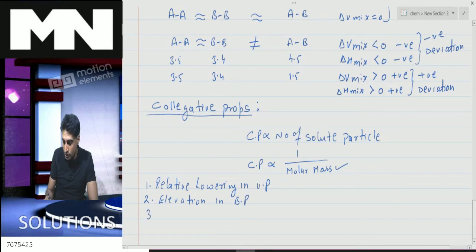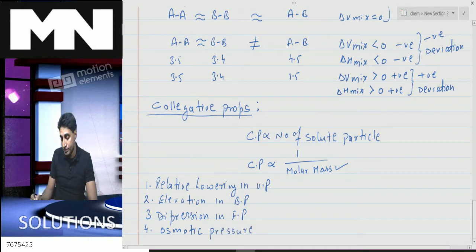Third one is depression in freezing point. And the last one, that is fourth one, is osmotic pressure.